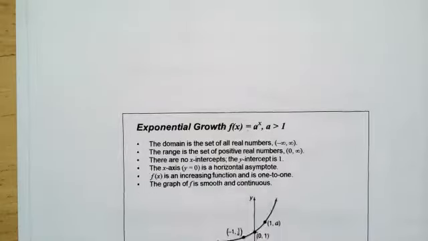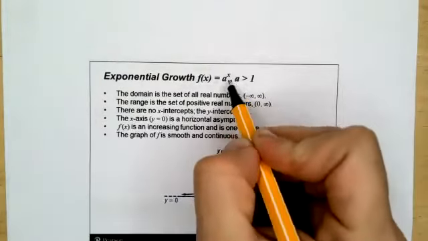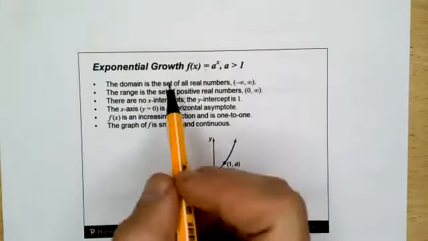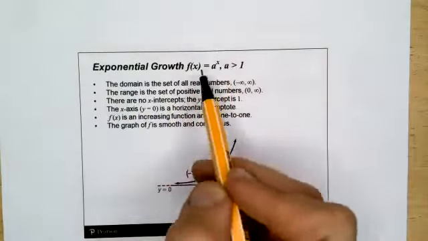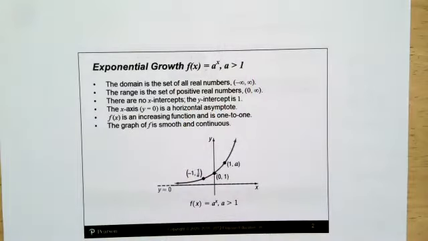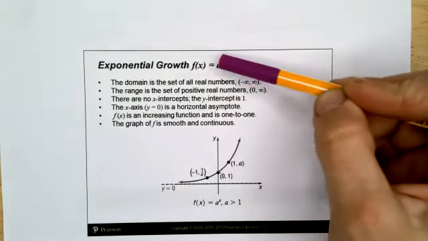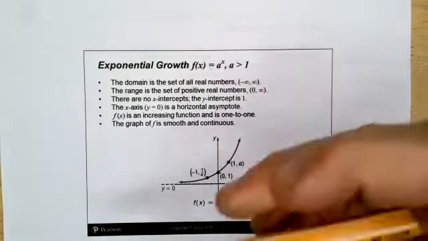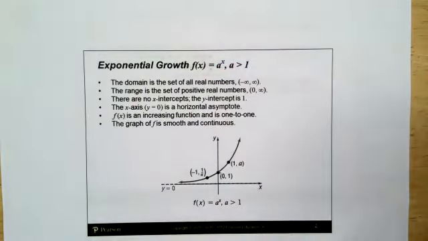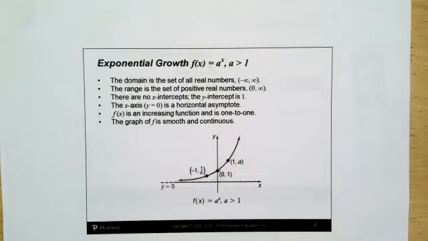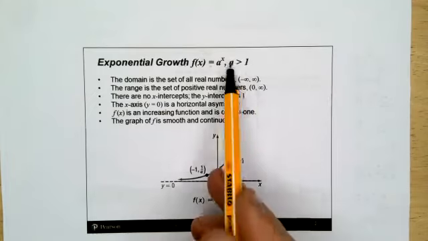So let's talk about what it means when we have an exponent of X. It means that you're growing exponentially. You are growing very quickly. Every time we increase X by a whole number, we grow that number of times our base. So this is a graph of exponential growth, a to the power of X, if a is bigger than 1.